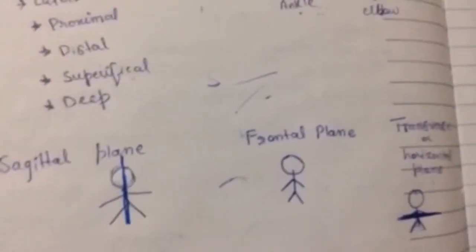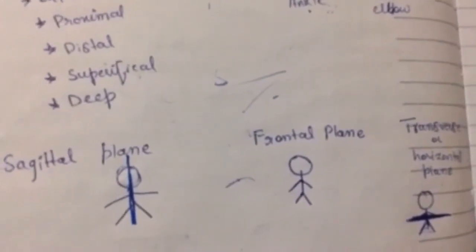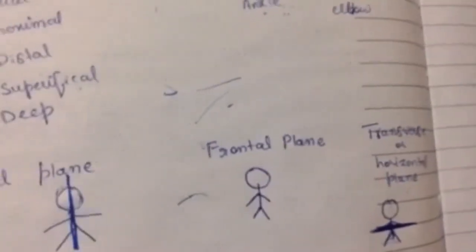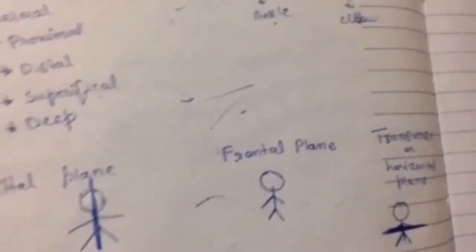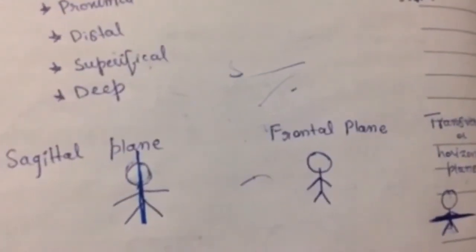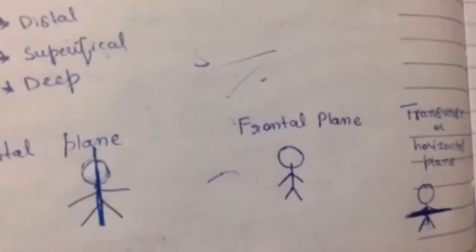Where these three planes intersect at a single point, that point is known as the body center of mass and center of gravity.